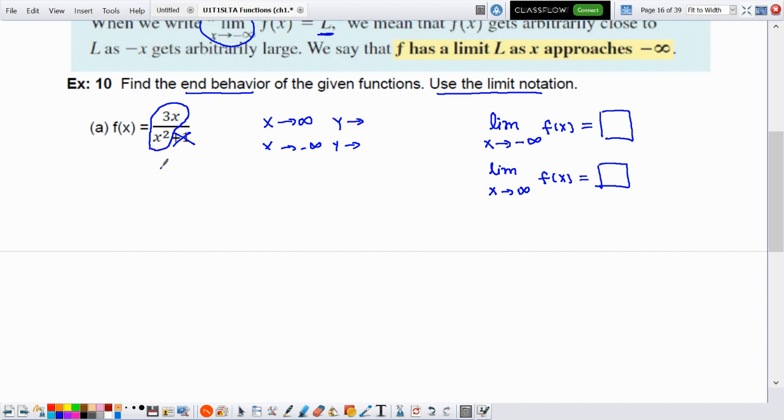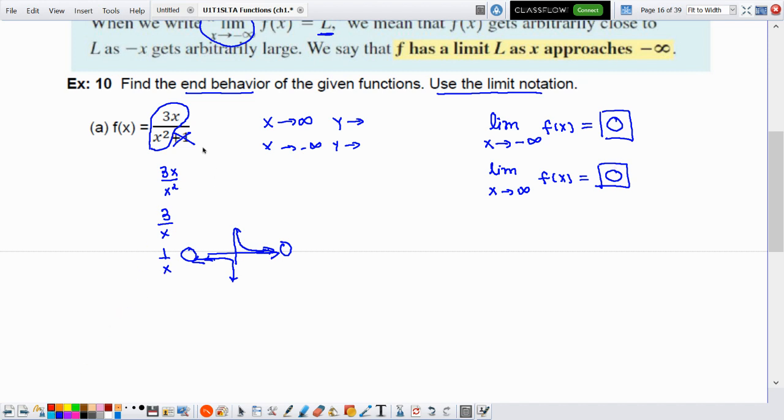If you simplify this, 3x over x squared becomes 3 over x, which is the same as 1 over x. So you are expected to know what 1 over x looks like. 1 over x is a rational function, and we can see that when x goes to infinity, y becomes 0. X goes to negative infinity, y becomes 0. In other words, these two limits are 0.